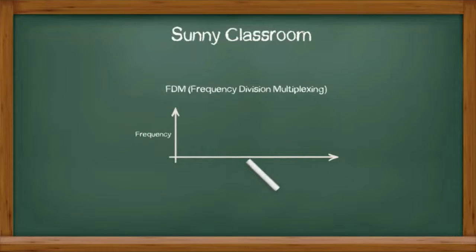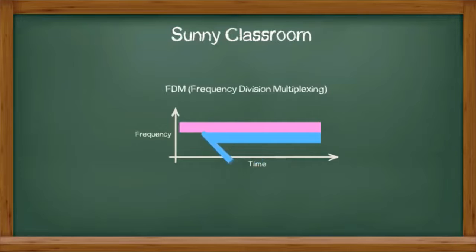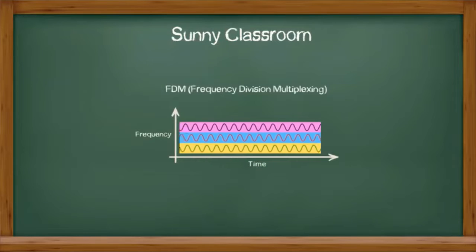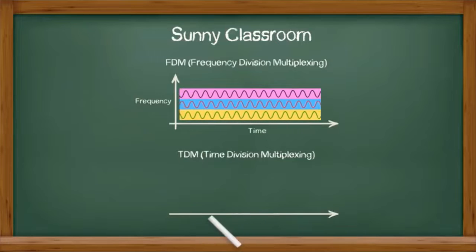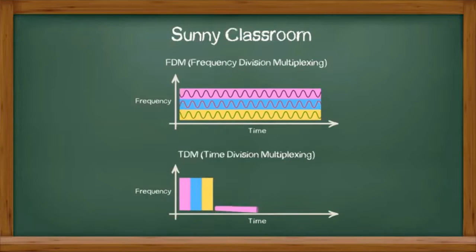For analog signals, frequency division multiplexing, or FDM, is used to make analog signals share one common media. For digital signals in a baseband system, time division multiplexing, or TDM, is used to transmit different users' data over one common media.